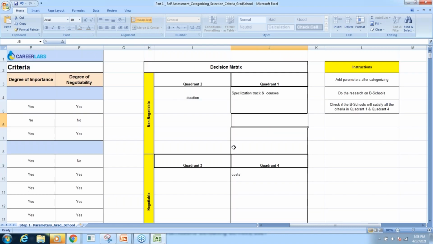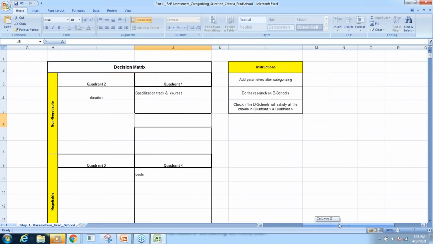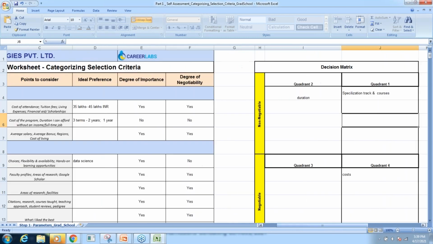Then you obviously are going to be researching the schools. Here it's going to be grad schools, it can be B schools, it doesn't matter. You look at the research that you already did, and check if the grad schools or the B schools satisfy all your criteria in the important category. In the most important category, does it satisfy all your criteria?